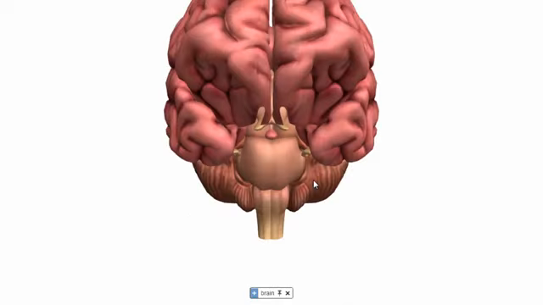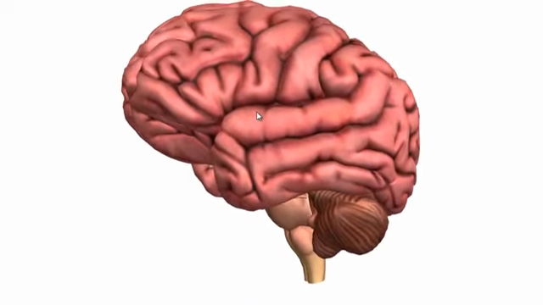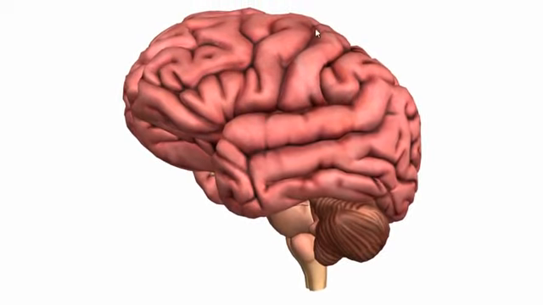Just looking at the outside of this cerebral hemisphere, you can see that there are these grooves and ridges. The ridges are called gyri, and the grooves are called sulci. And you've got lots of these different grooves and ridges, and they all have different names. But 2 important ones to remember are the central sulcus, which I'm showing you here with the arrow, and the lateral sulcus.